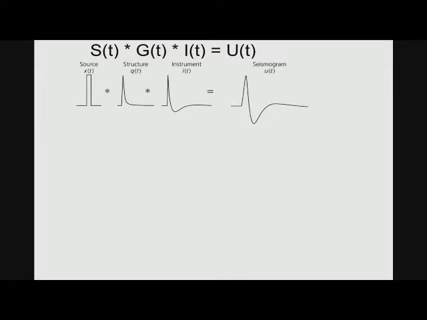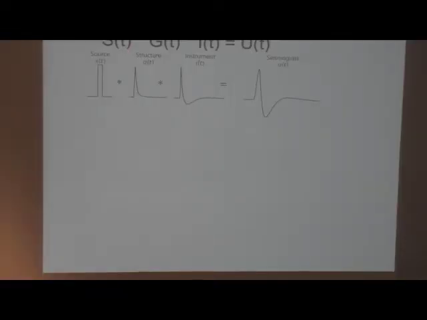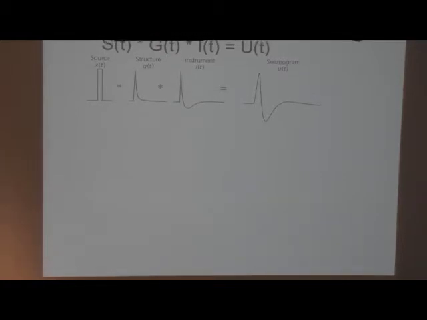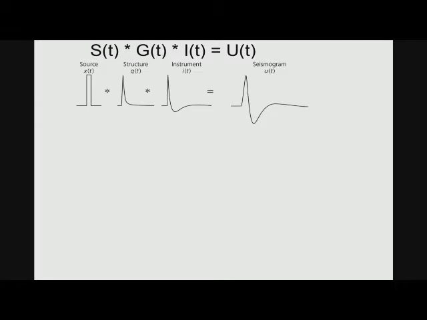So the source is convolved with what's often called the Green's function, which contains all of the information about the propagation. You're propagating an impulse from the earthquake to your station, and it has in it the velocity structure, attenuation, and potentially receiver function information. It depends on how well we think we know it, at least to first degree.